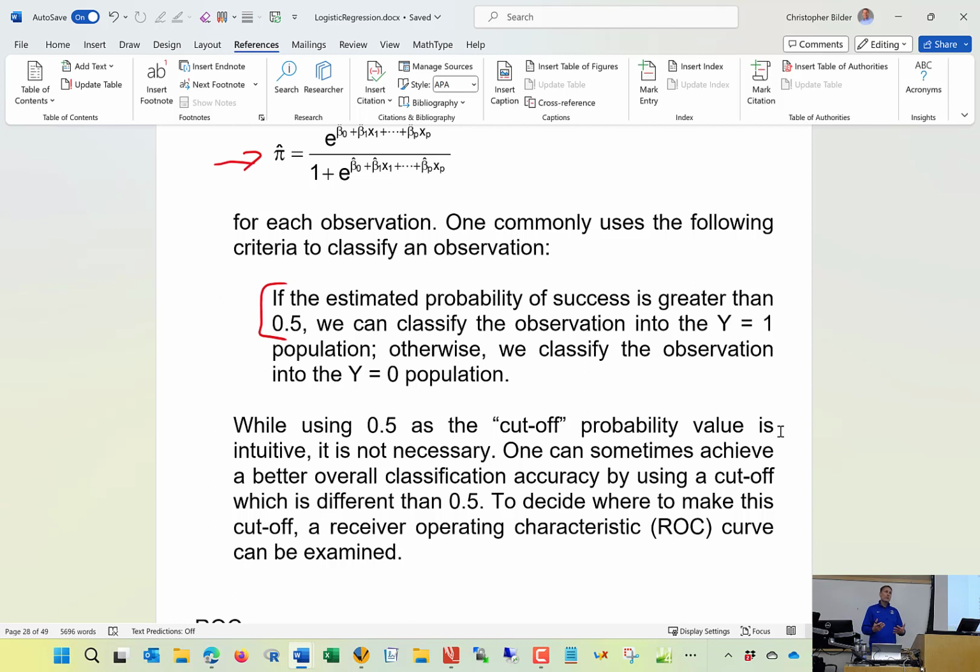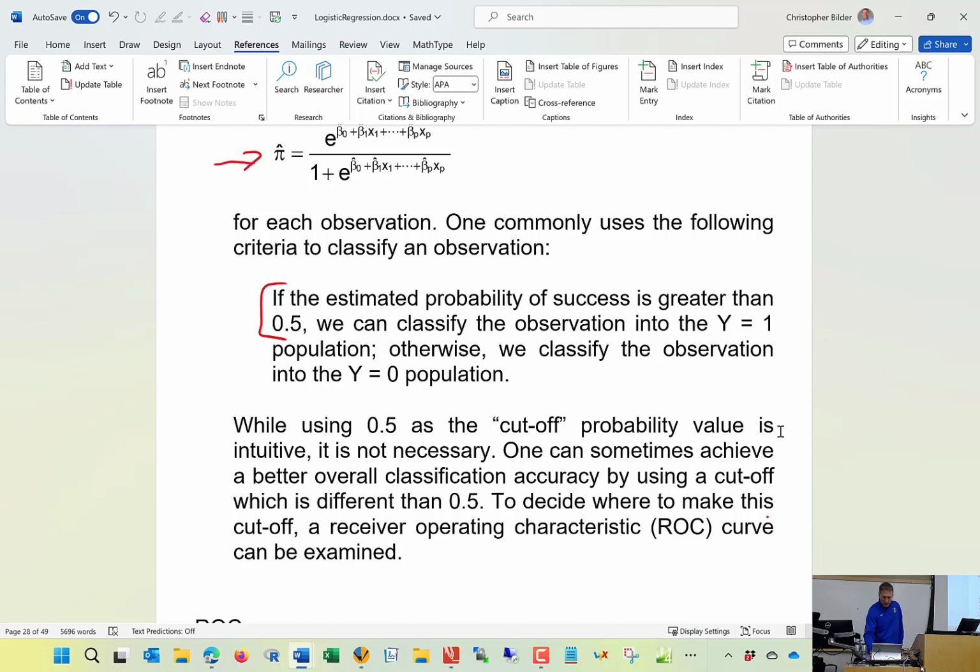Maybe you could do better predicting Y equals 1 if I use a pi hat of 0.2 versus 0.5. Maybe I could do better predicting Y equals 0 if I use a pi hat of 0.8 as my cutoff probability versus 0.5. And that's what we're going to be investigating.